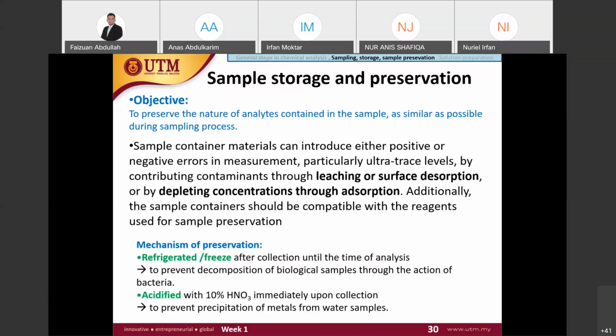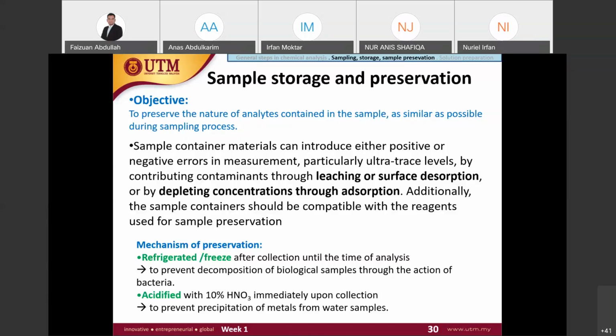And what happened? Previously we put in 2 tablespoons of sugar. Now we only taste the sweetness of 1.5 tablespoons of sugar. What happened to the other half teaspoon of sugar? It was absorbed into the tea cup. That is an example.